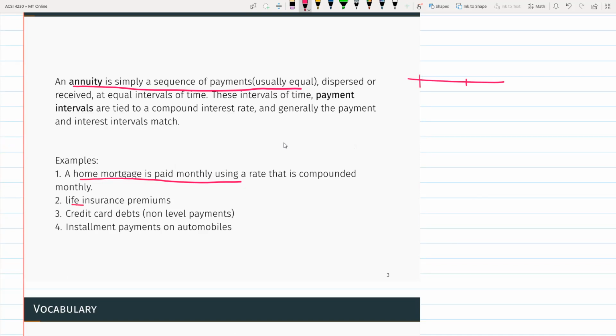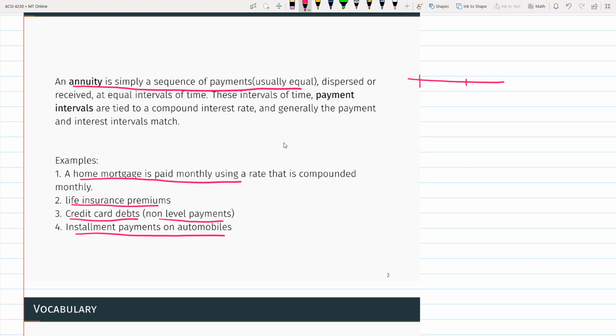Then life insurance premium, again, you have fixed payment and then maybe fixed rates. And credit card debts, this can be non-level payments, but usually rates are fixed and then you pay it every month. And then installment payment for automobiles, that's an example of annuity.